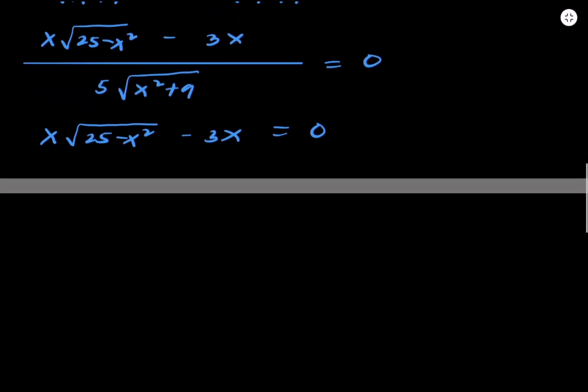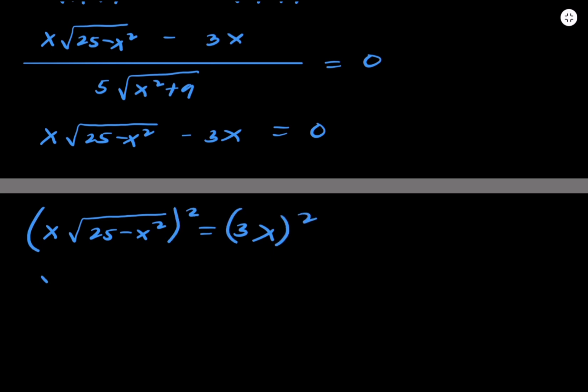Now, let us simplify this. x times the root of 25 minus x squared equals 3x. And then squaring both sides, we have x squared. Okay, the radical sign will be removed.